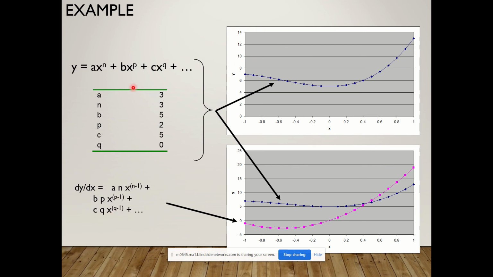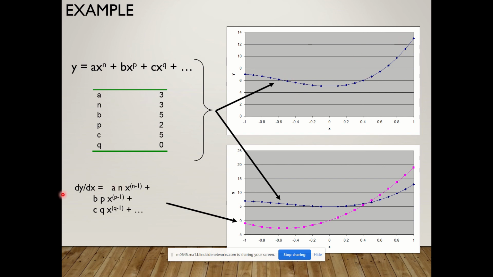Okay, that's better. Now, this is an equation, and the degree is n. And this is the line of this equation, the graph of this equation.